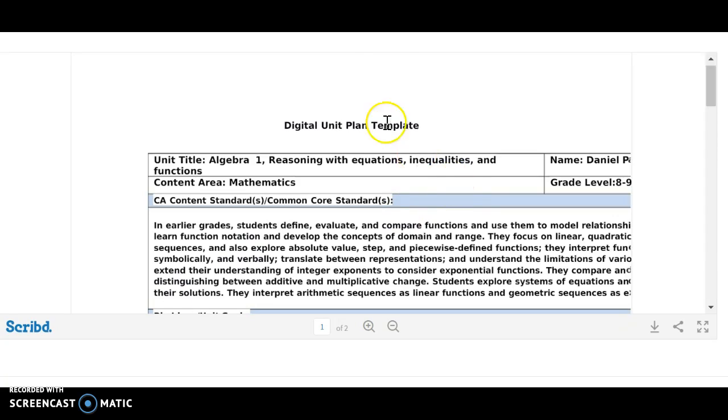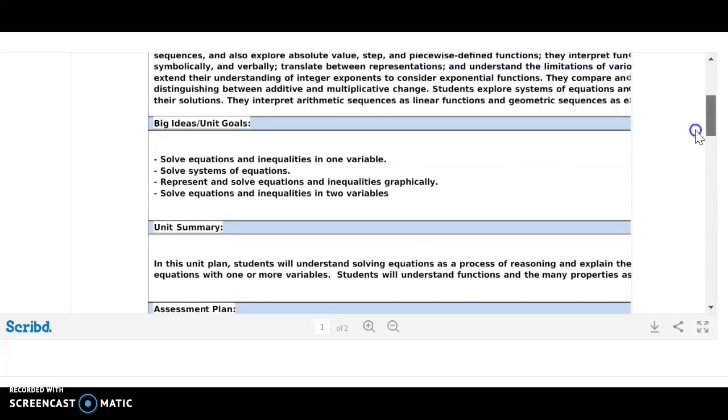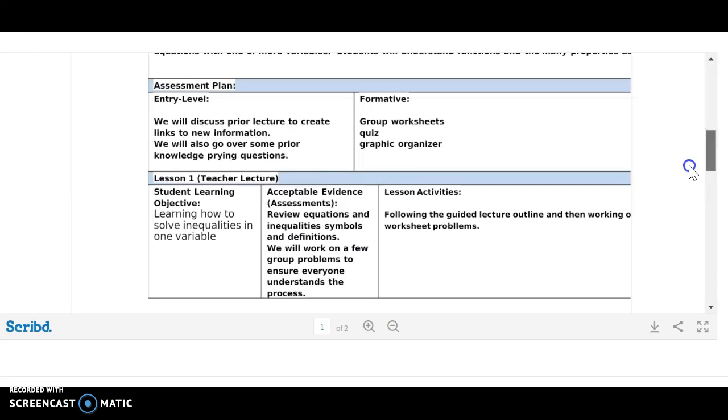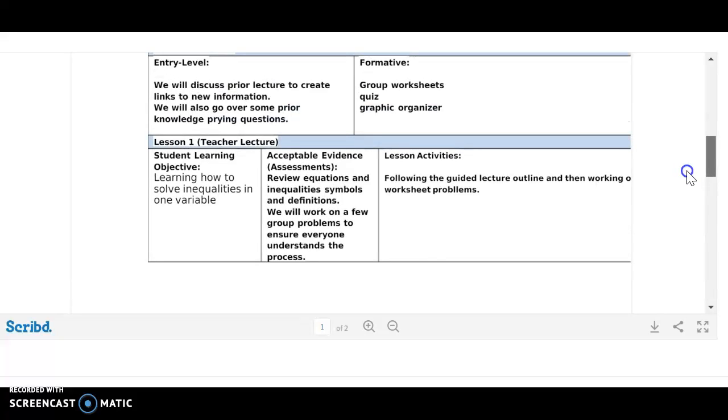The last page on the unit plan is the digital unit plan template and the screencast, and you're probably on this page right now. So the digital unit plan template just outlines everything from our unit plan, from our California content standards that we have to meet, our big ideas, unit summary, assessment plan, entry level, formative, each lesson and how each lesson reaches acceptable evidence and assessments.